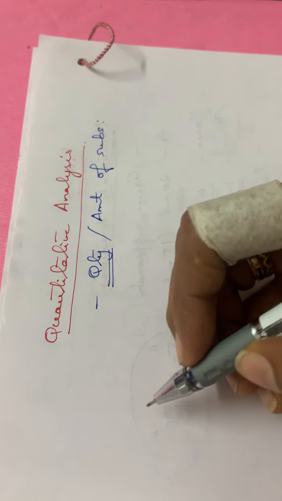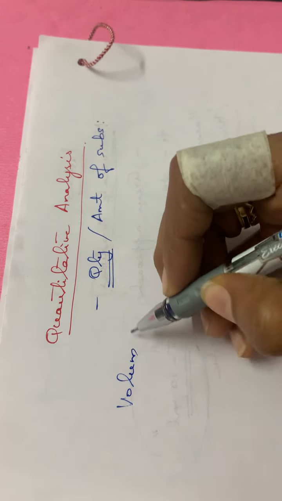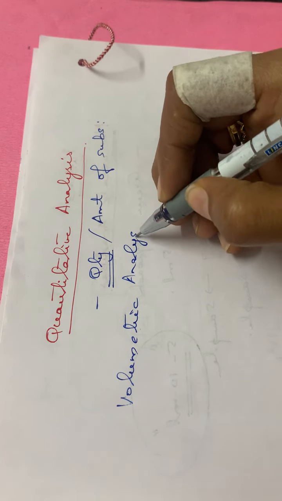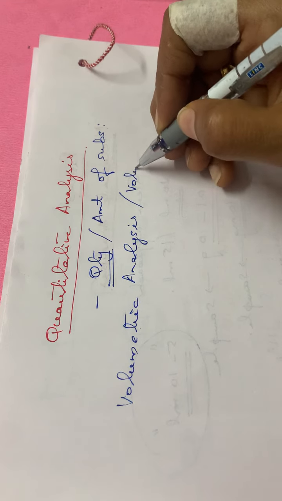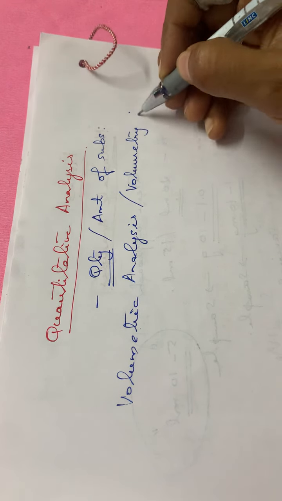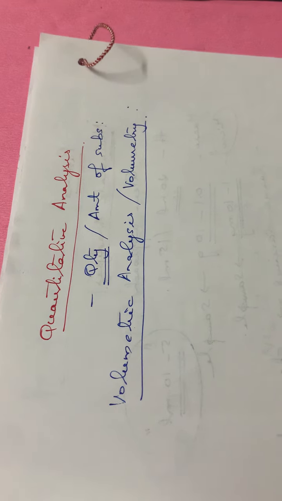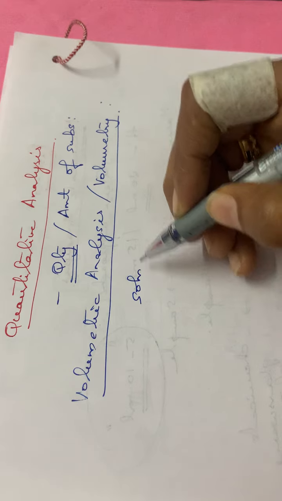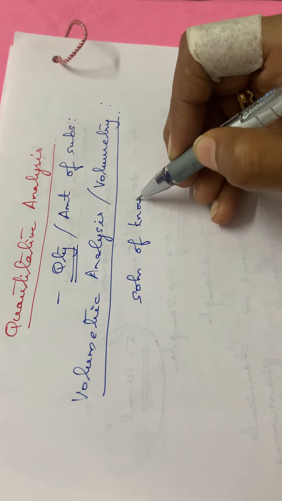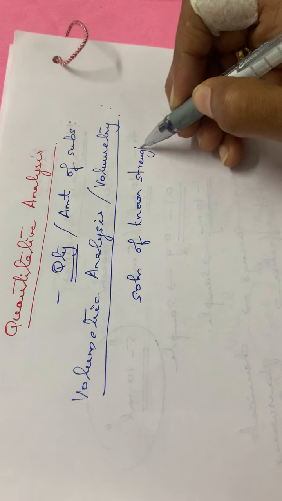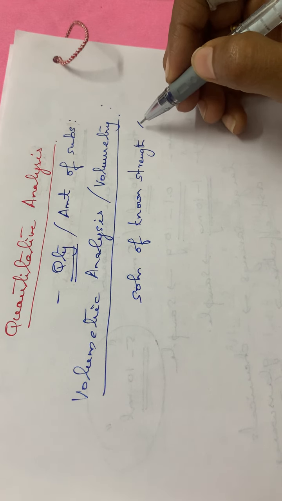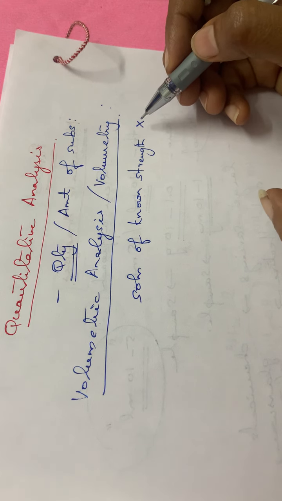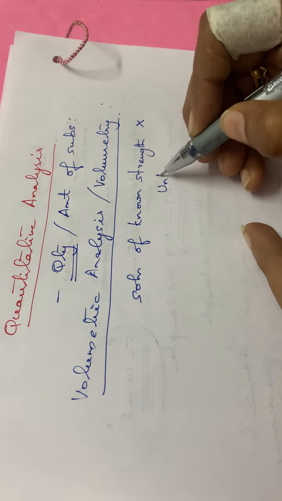So first of all, you have to know what you mean by volumetric analysis or volumetry. See, volumetric analysis means we will be having a solution of known strength, and we are titrating the solution of known strength with a solution of unknown strength.